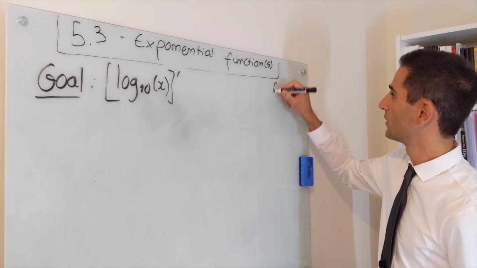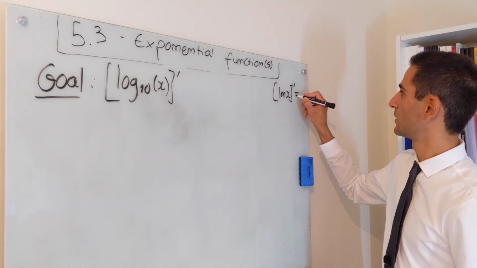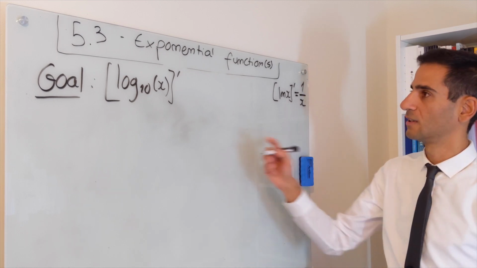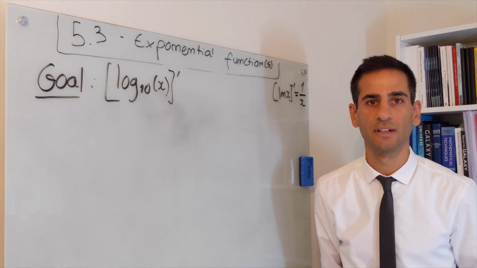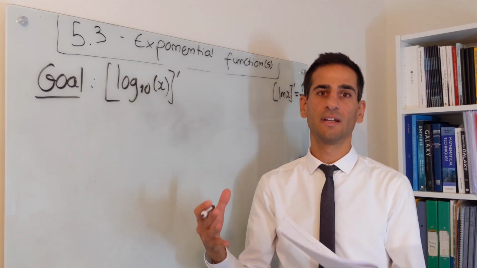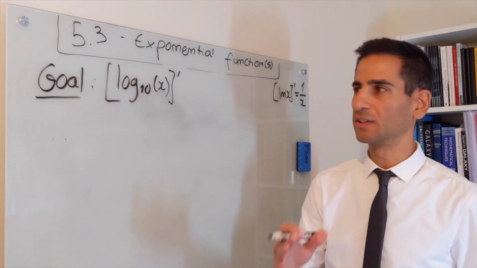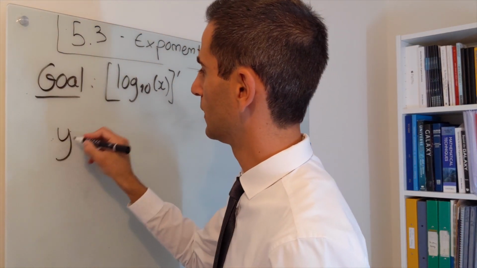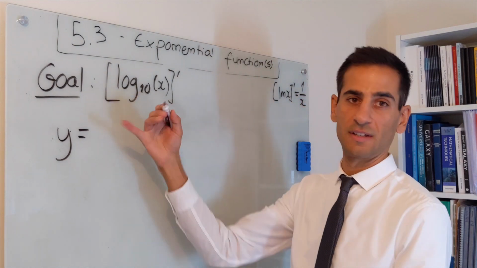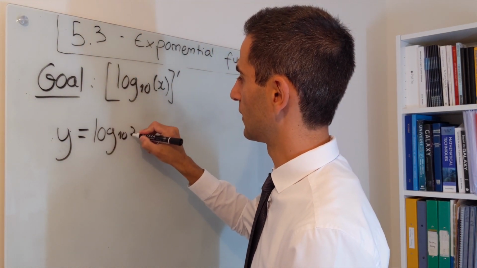We know how to differentiate ln of x, and we know that this is 1 over x, but not necessarily log 10 of x. Therefore, what we need to do is sort of manipulate this and transform it into ln of x. One way that we can do this is by writing that y, in this case, this is the function, because it is equal to log 10 of x.